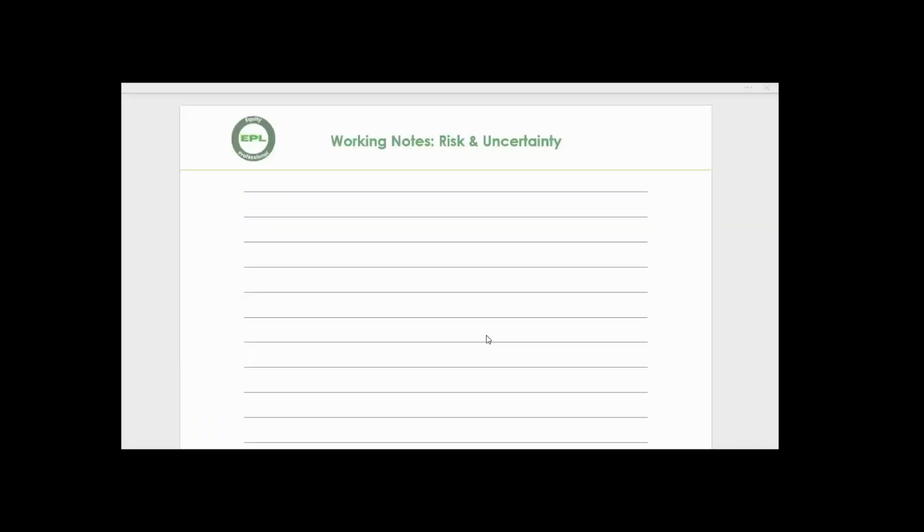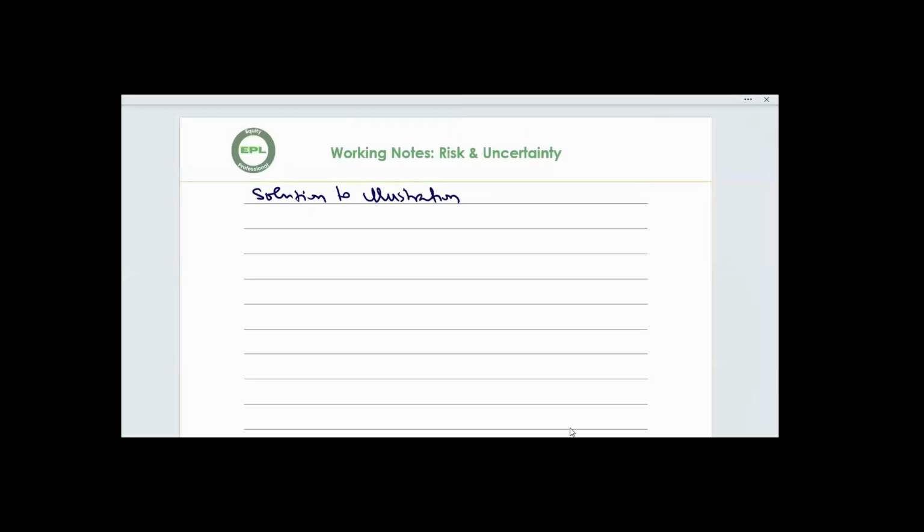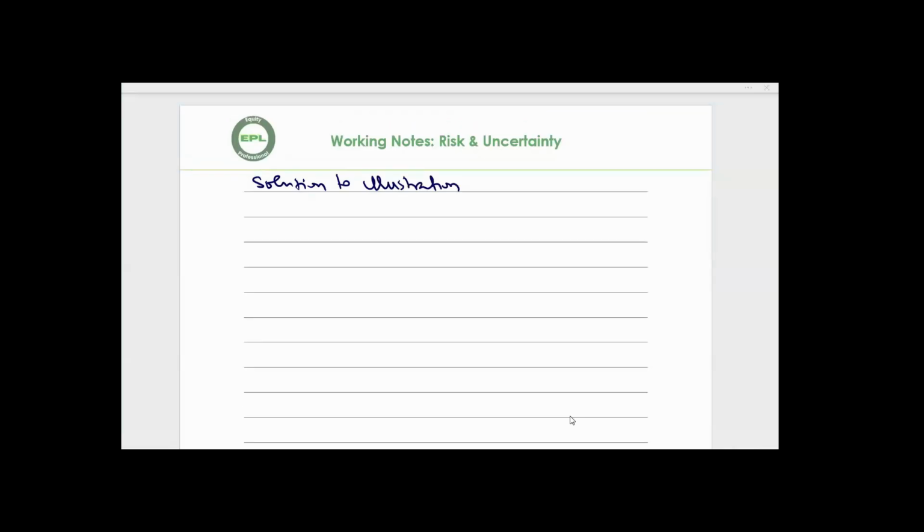So the name of the company is Mississippi. This is solution to illustration. What illustration is that? Let me check. That's illustration 4, page 71.